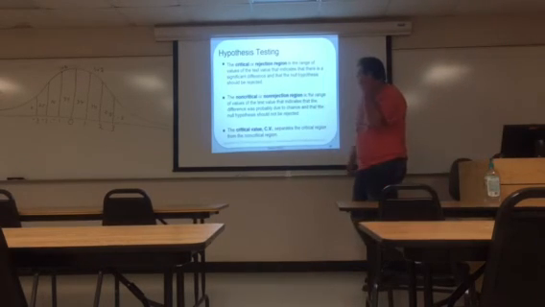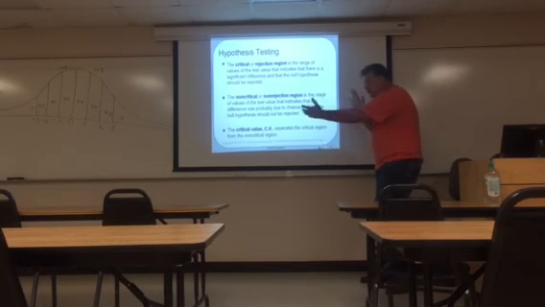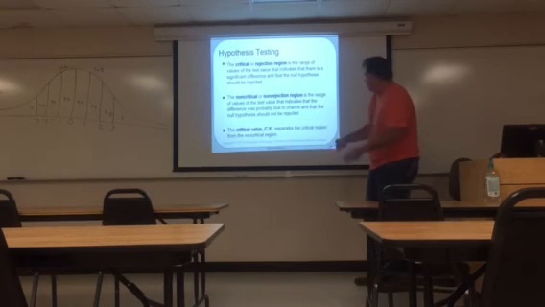The critical or rejection region is the range of values of the test value that indicates that there is a significant difference and the null hypothesis should be rejected. So we're going to move into means, and I'll talk about means in just a minute. The non-critical or non-rejection region is the range where there are no significant differences between means.